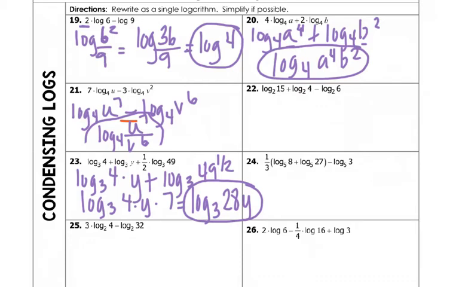All right, so remember when we are subtracting, we're actually going to divide, okay? So whenever we're condensing. So right here you have 1/3 times all of this, okay? Meaning 1/3 is going to be the exponent for the 8 and for the 27, okay?